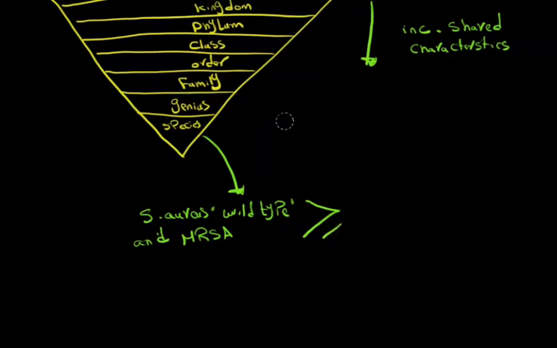They have more shared characteristics between them than, let's say, Staph aureus and Staph epidermidis. Staph aureus and Staph epidermidis belong to the same genus, which means they have fewer shared characteristics between them than Staph aureus, the wild type, and MRSA.